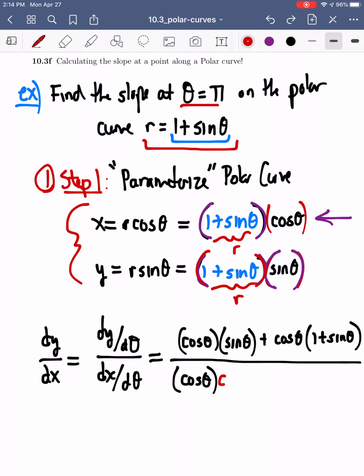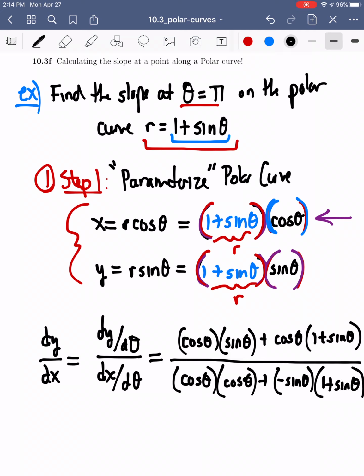So we get cosine times cosine. And by product rule, we now do the opposite. Take the derivative of the second piece, which is that cosine, and multiply it by just that first piece itself. So the derivative of cosine is minus sine, and we multiply that by 1 plus sine theta.